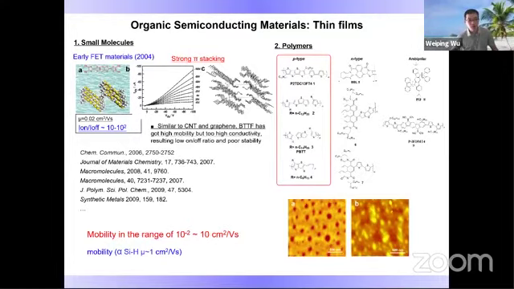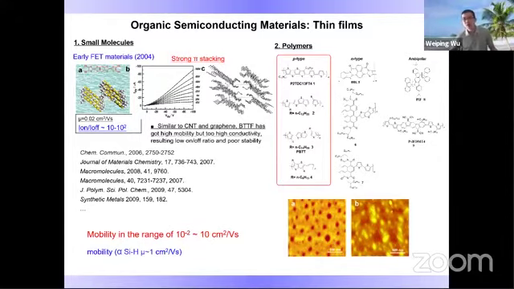The mobility by solution process about 15 years ago had reached the range of 10^-2 centimeter square per volt second, comparable to silicon. Nowadays, the mobility of solution-processed small molecules is much higher, reaching the mobility of amorphous silicon.